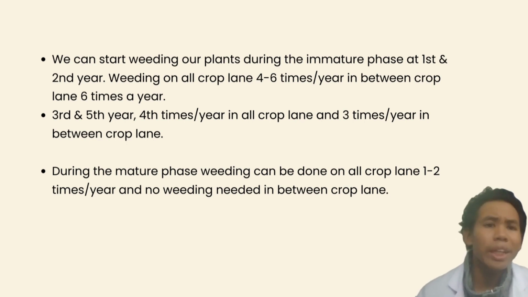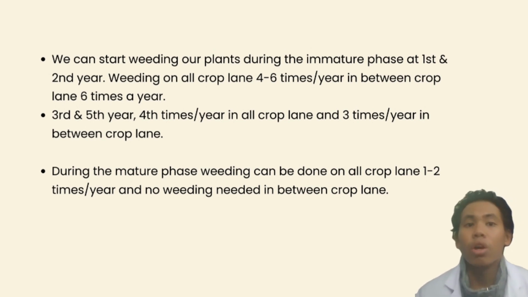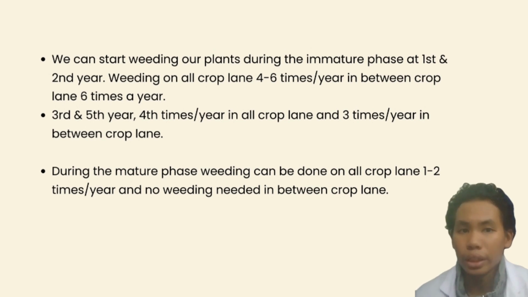We can start our weeding plan during the immature phase, which is the first and second year. Weeding is done on all cropland 4 to 6 times per year, and in between cropland 6 times a year.